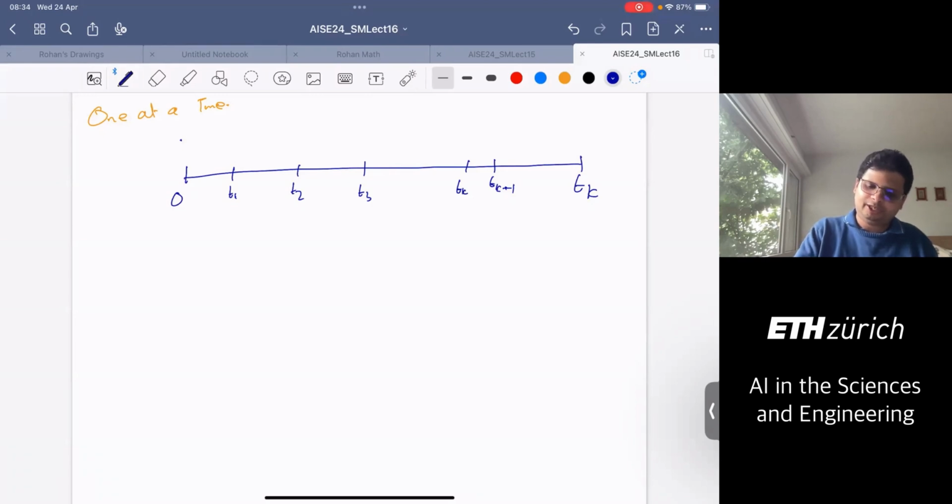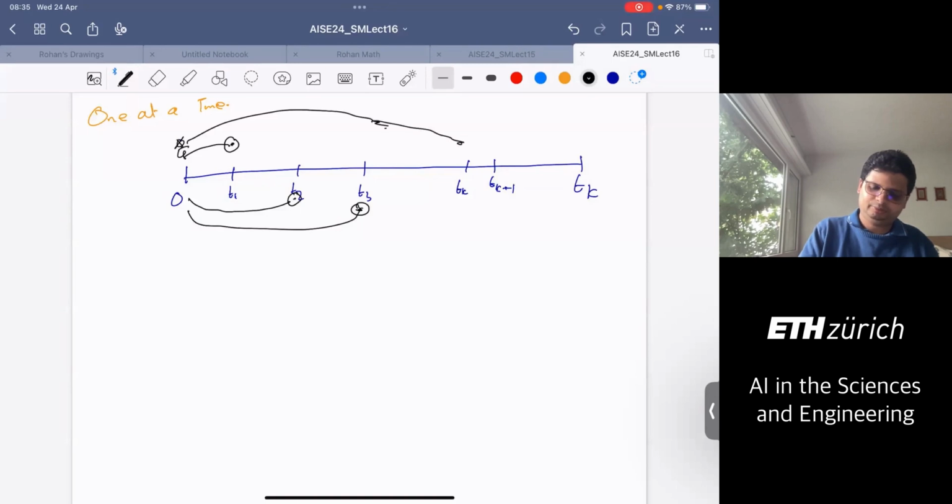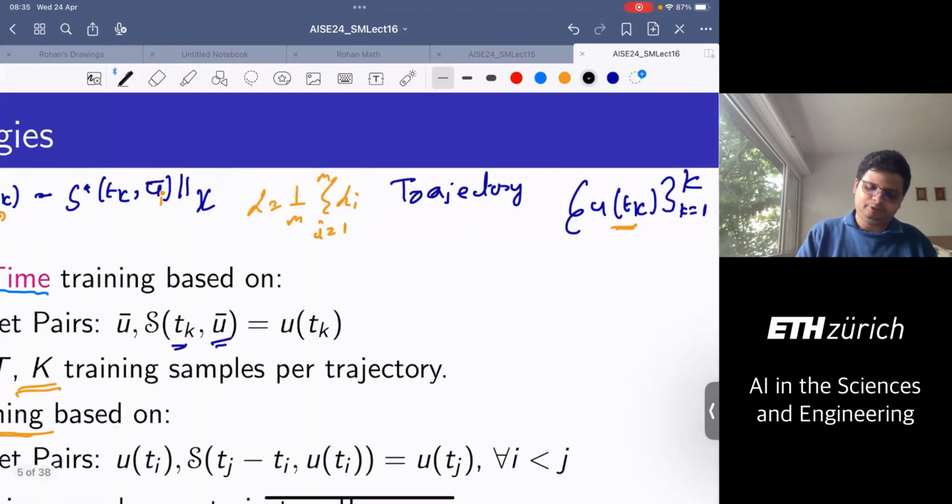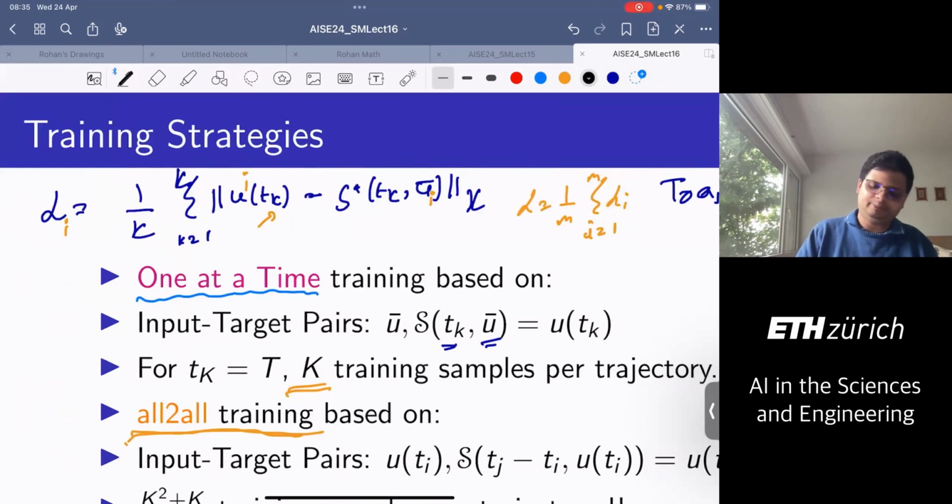Then in one at a time training, you first give the initial value here. This was u bar, and then you compute the solution at this time, then at this time, then at this time, and so on. So these are the k versions of the trajectory, k applications of your operator, and then you sum them up the way I've just described. So that is one at a time sampling.